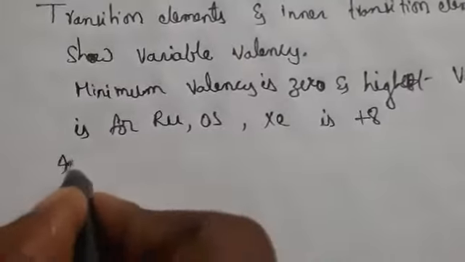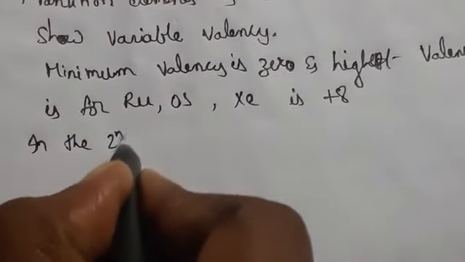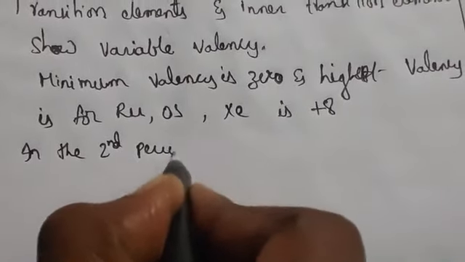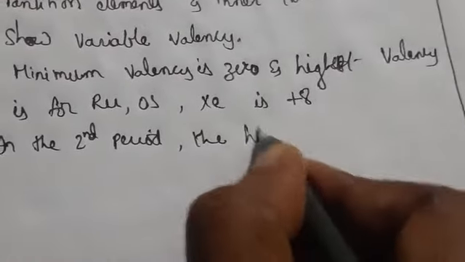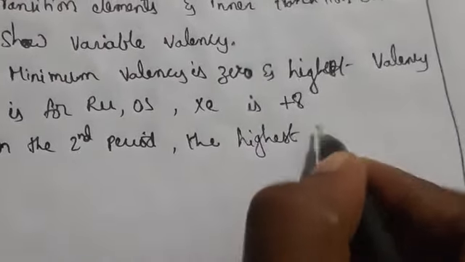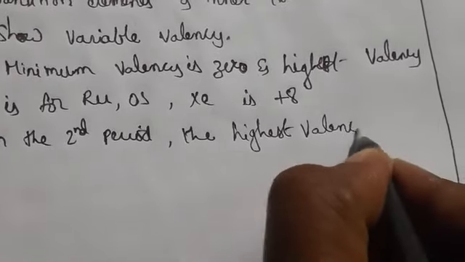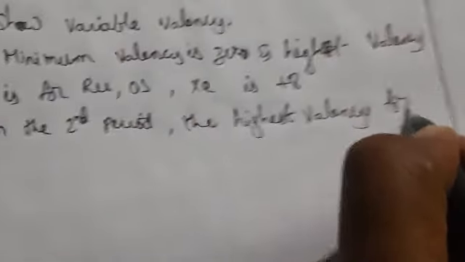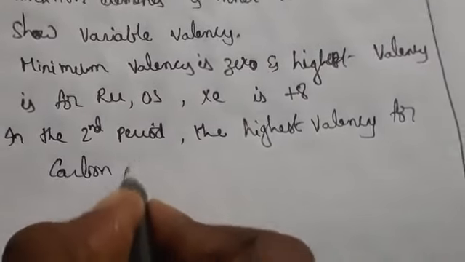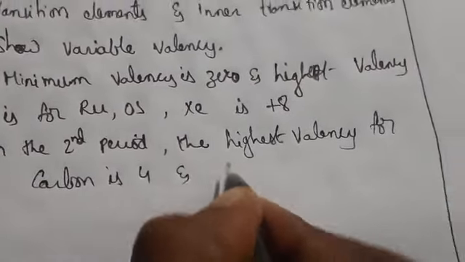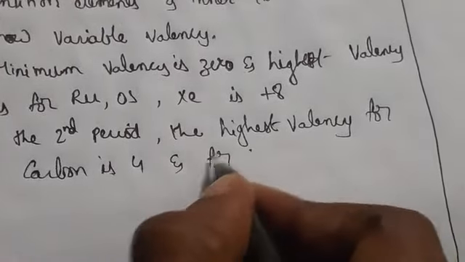Like this, they will exhibit different states. If you take the second period, the highest valency for carbon is 4.